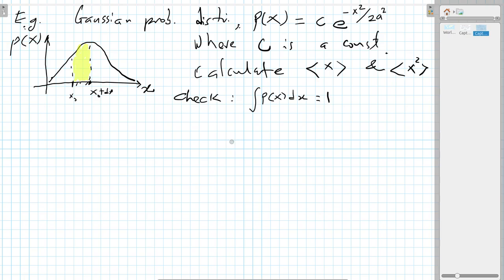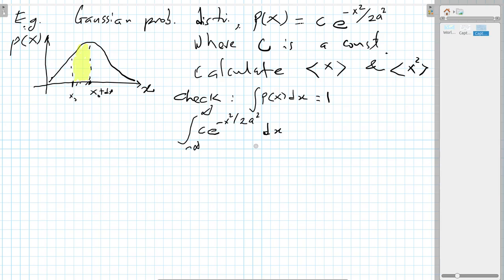If you put in the values, you substitute what p of x is. p of x is given here, so let's try to integrate. If you integrate that over the range from minus infinity to plus infinity, p of x is c e to the minus x squared over 2a squared dx.